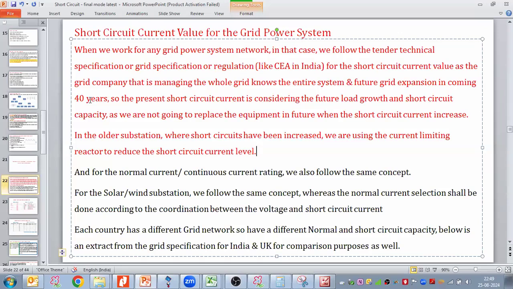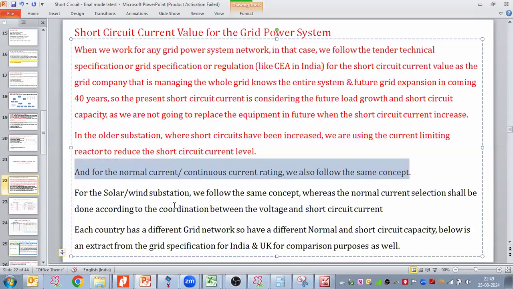The equipment life is generally designed for that much period, and the equipment should withstand that normal current and short circuit current. So the same concept applies to the normal continuous current rating as well. This is for the grid substations purely.